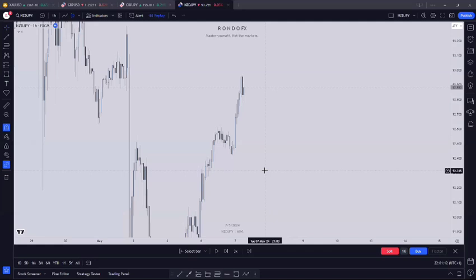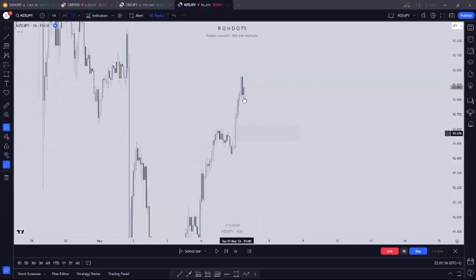And from what I just explained to you a few minutes ago, mapping out your inducements is two different ways. It can be liquidity, lows or highs, or it can be fair value gaps or imbalance. So you can see fully well that we have this huge amount of fair value gap seated here, right?